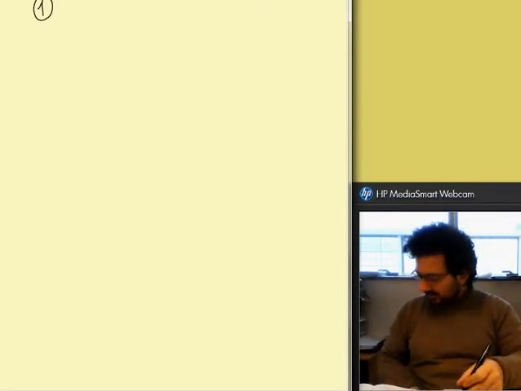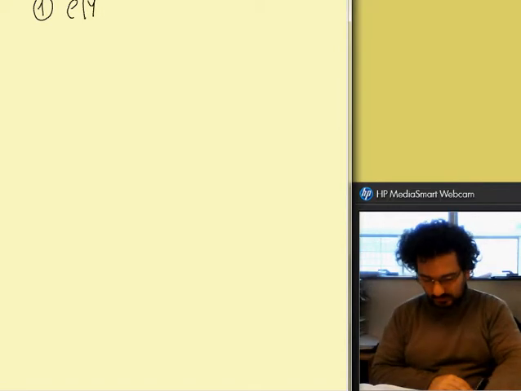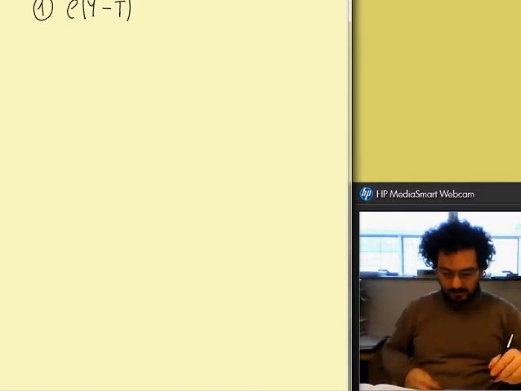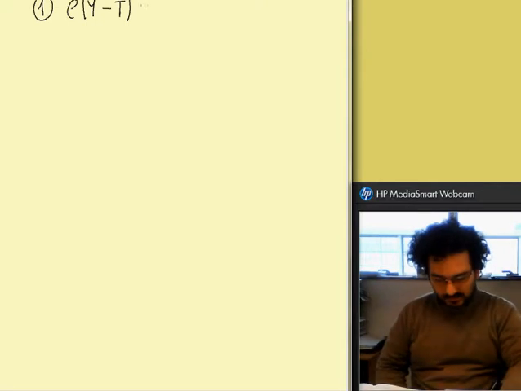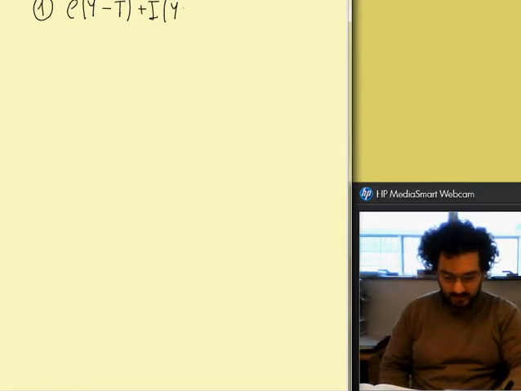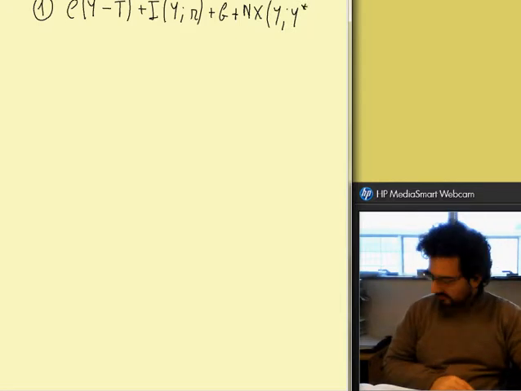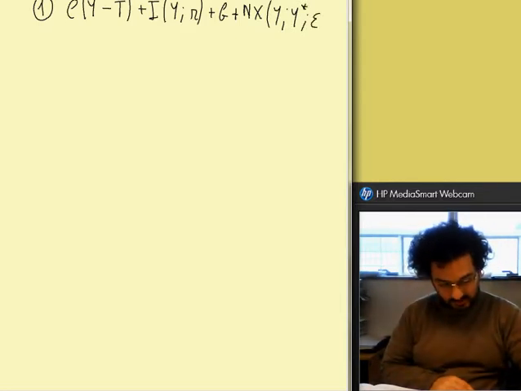In equation 1, consumption is a function of net disposable income, minus taxes, plus the level of investment, which is a function of the real income and the real interest rate, plus government expenditure, plus net exports, which is a function of the internal income, the world or foreign income, and the real exchange rate epsilon.